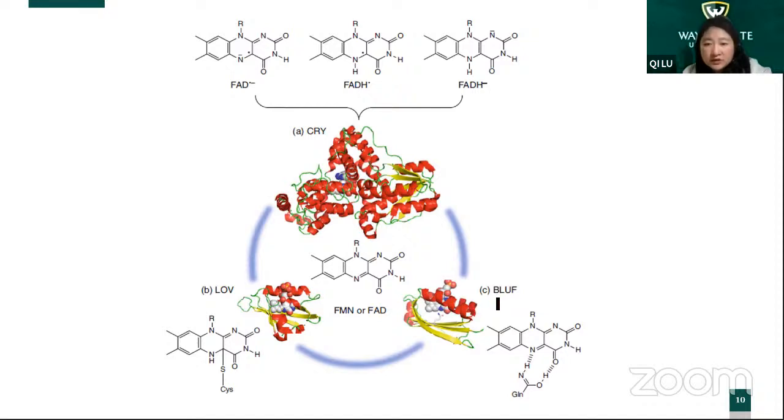This shows the BLUF domain structure. There's more beta sheet here, and it forms a hydrogen bond with glutamine, right? And this is linked with cysteine.